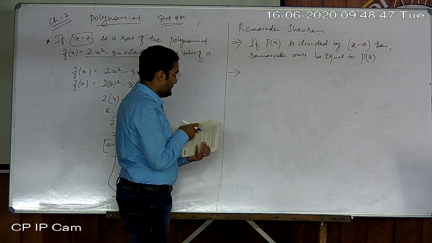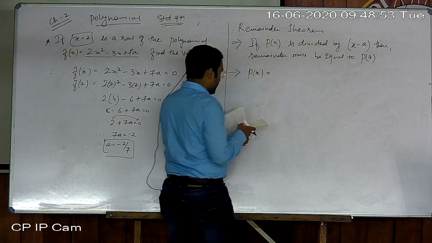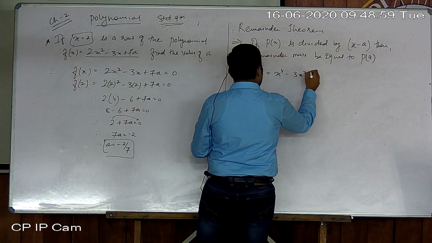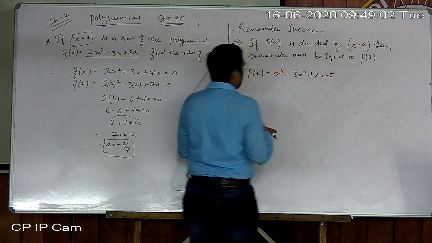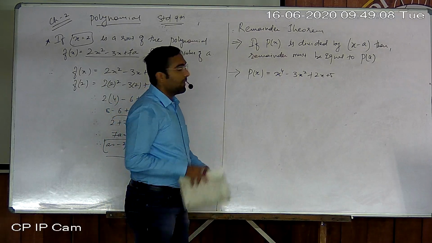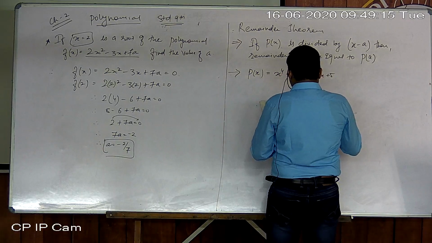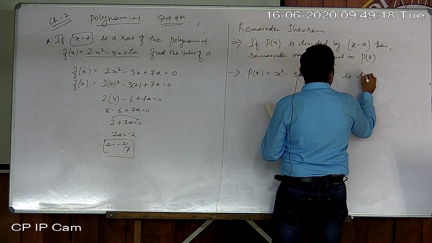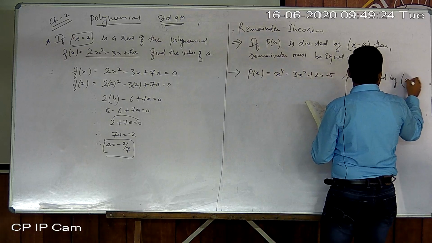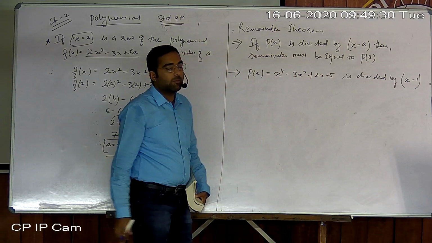So I'll take P of x equal to x raised to 4 minus 3x square plus 2x plus 5, divided by the polynomial x minus 1.